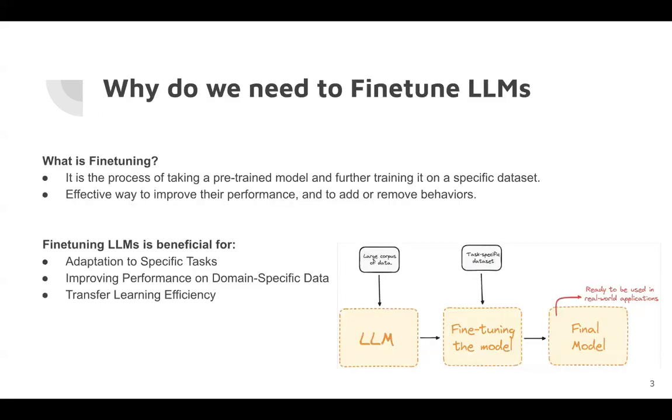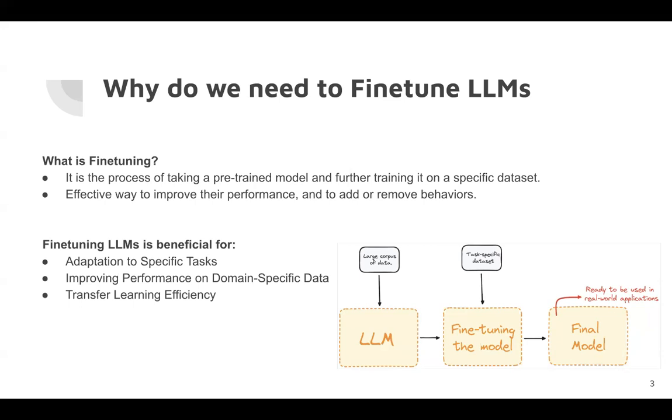So first of all, let's look at why we need to fine-tune large language models. Large language models are revolutionizing the way machines understand and interact with human language. However, out of the box these models are all generalists.